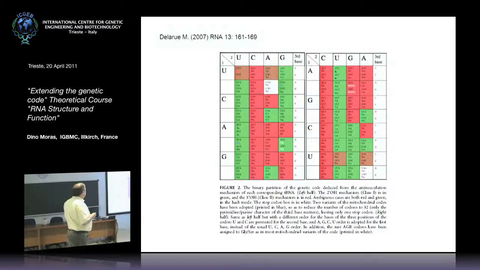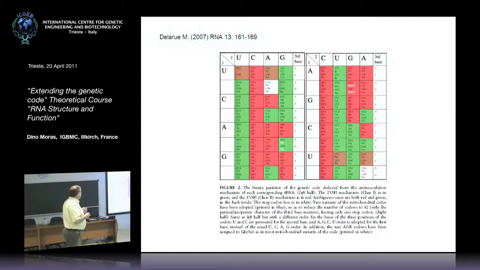If you have the classical one, it's a bit of a patchwork. You can redistribute the order. That's just a reorganization, and you will see that you have different clusters. You start to see that there must be some correlation in the order that the bases are selected for the genetic code.